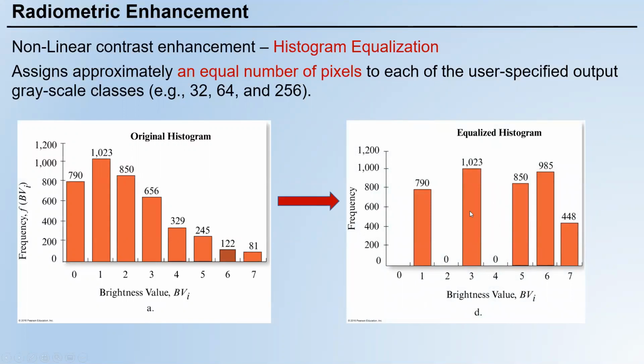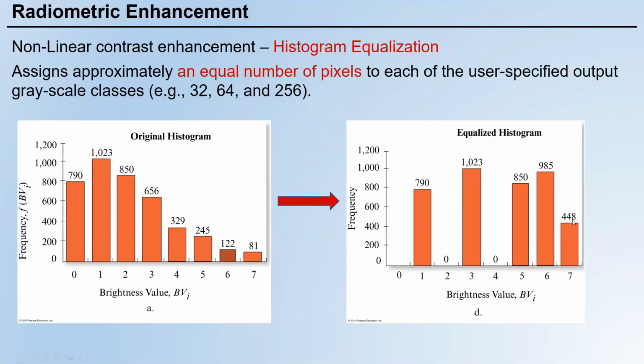This is a histogram of the same image after the histogram equalization. Compared to the original histogram, the difference in the number of pixels in each category is smaller than the original one, although it could still be very large. For example, category 3 has more than 1,000 pixels.